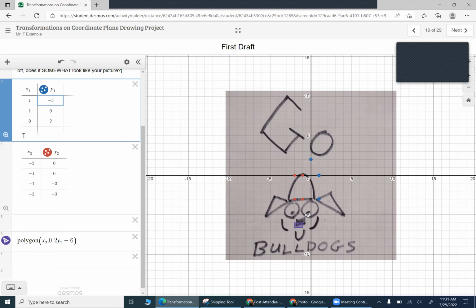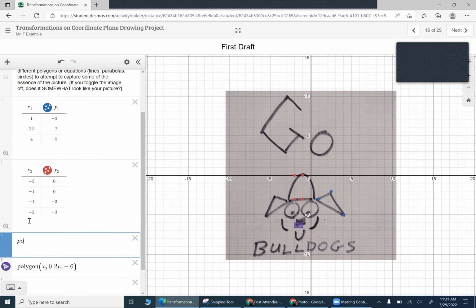Yeah, that other point looks like it's at (3.5, -2). No, 2.5. And the last one looks like (4, -5). All right, so now this lines up.